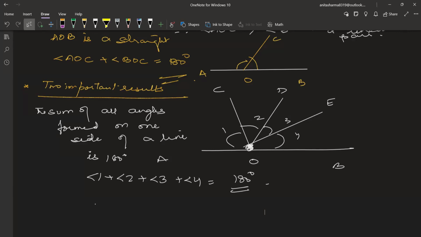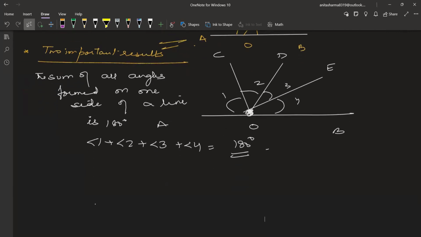Clear? Rohini, Aishwarya, Siddhant, Soumya, Advika. Ma'am, can you explain again? So linear pair. Yes, beta, because they are forming a linear pair, right? But we will not use the word pair here, because pair means two, and here we have four angles.